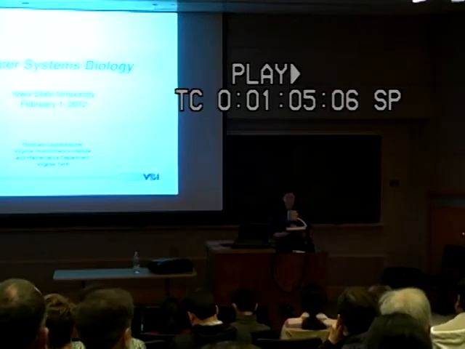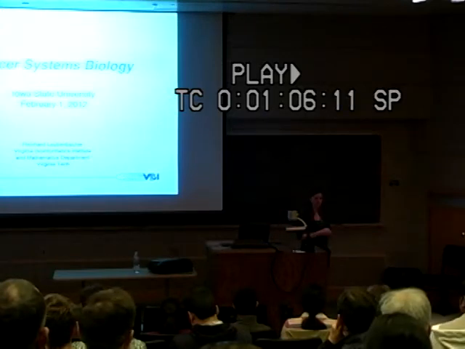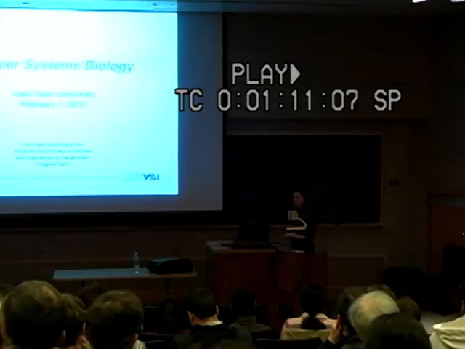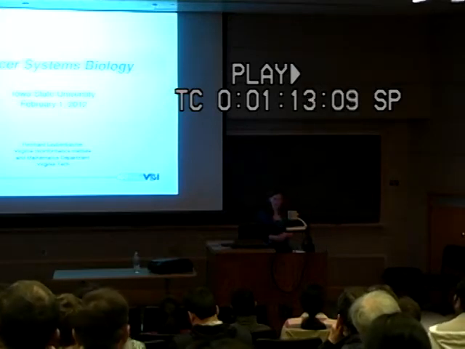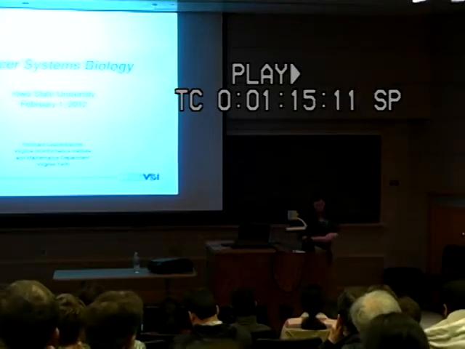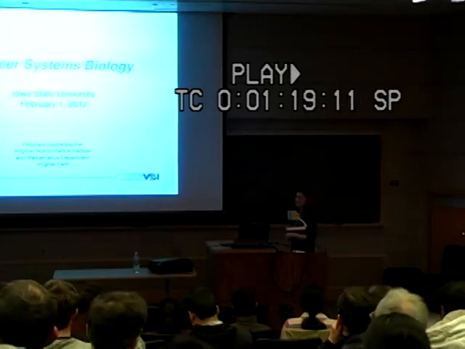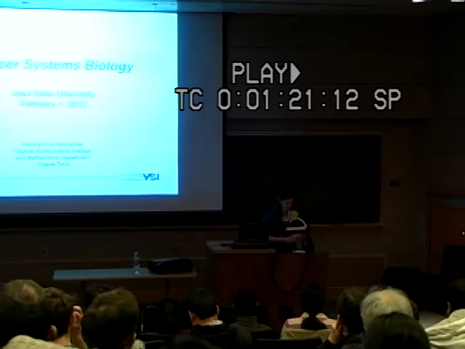His professional preparation includes a bachelor's degree from the University of Munich in Germany, a master's degree at Indiana University, and a PhD at Northwestern University in the field of mathematics.